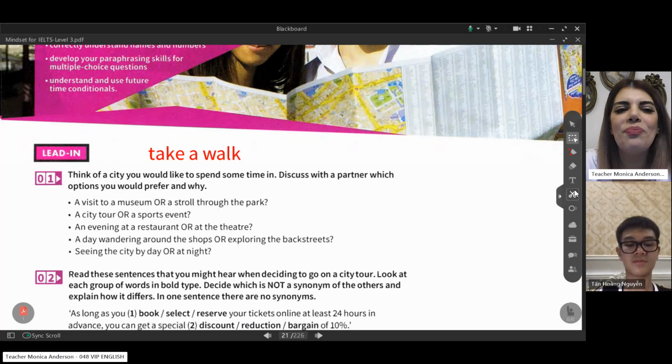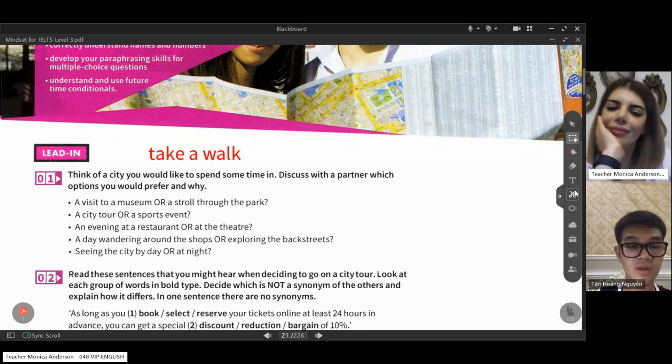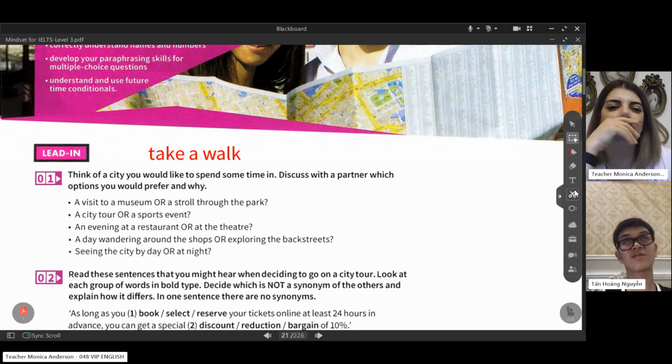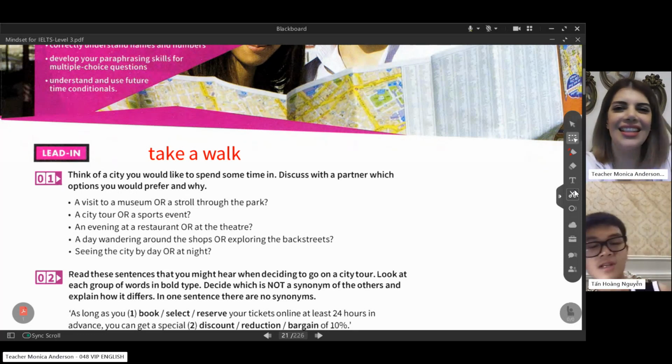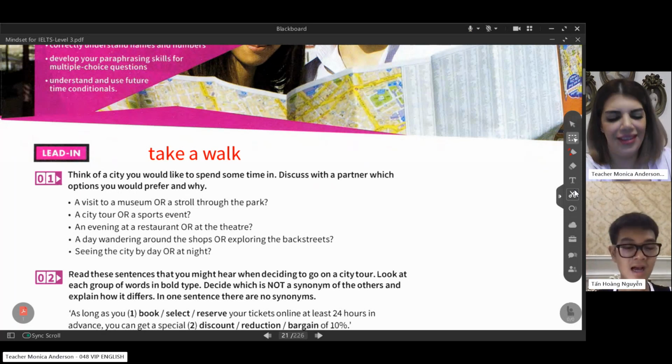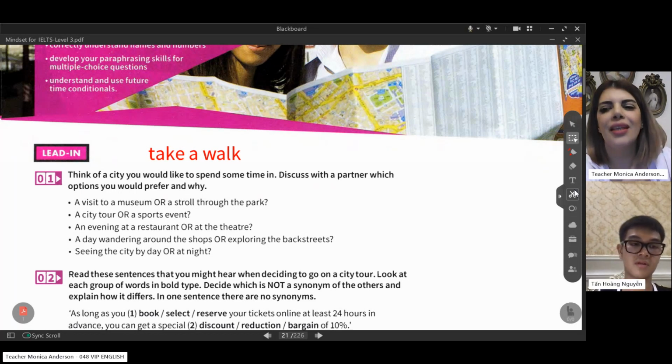Okay. Now, a city tour or sports events, which one? I think the sports event, because I haven't taken part in this event before. Good.